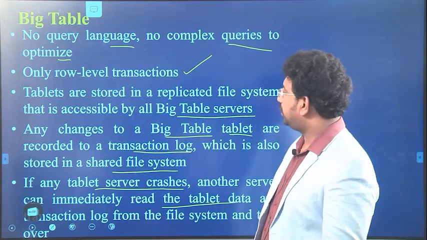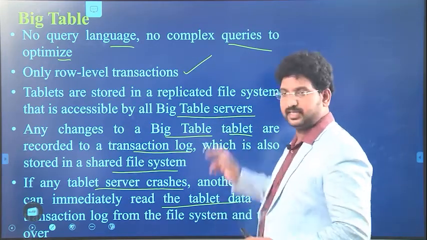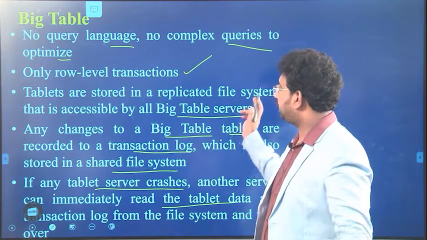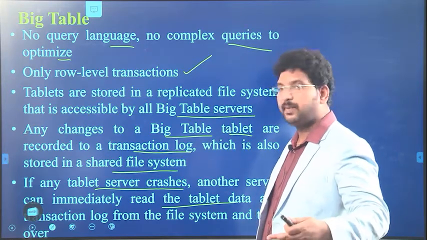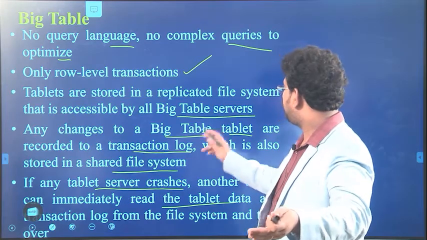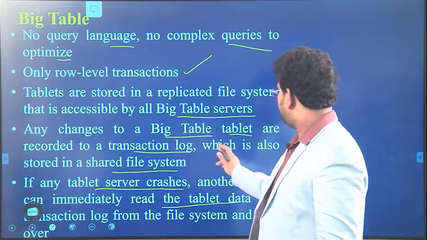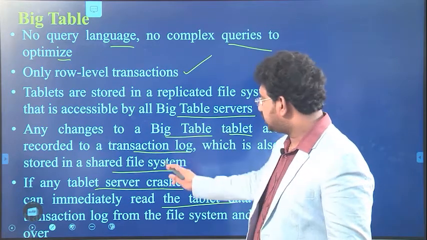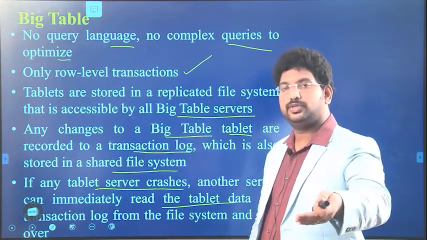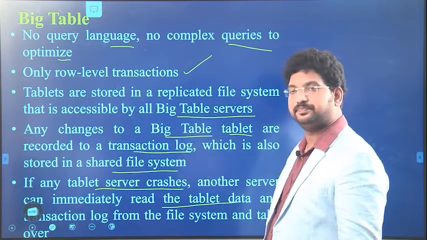So here you are able to understand that tablets are stored in the replicated file system that is accessible by all the Bigtable servers. Any changes to a Bigtable tablet are recorded to a transaction log, which is also stored in the shared file system.